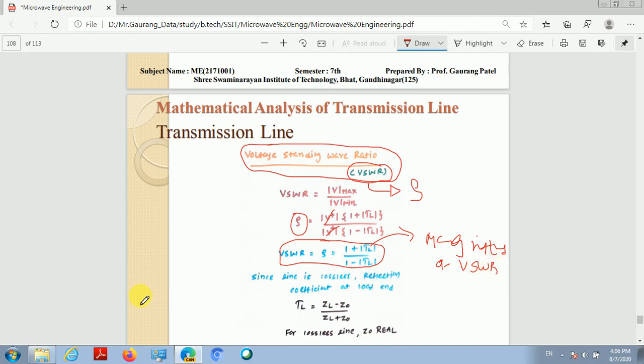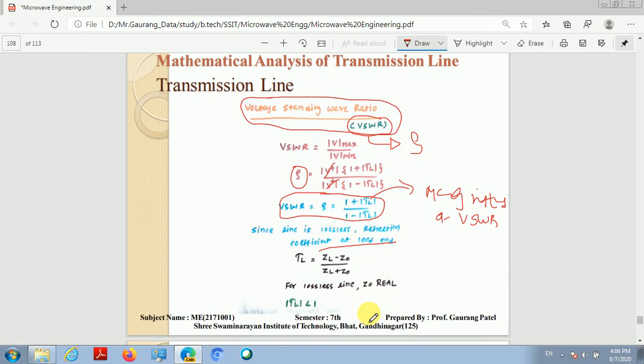For a lossless line, as we know, the reflection coefficient at the load end is given as gamma L equal to ZL minus Z0 divided by ZL plus Z0.